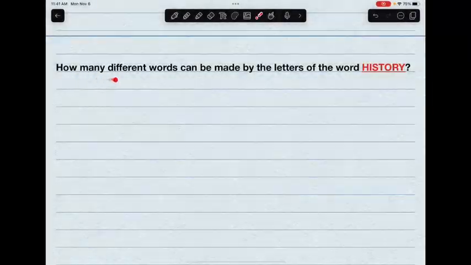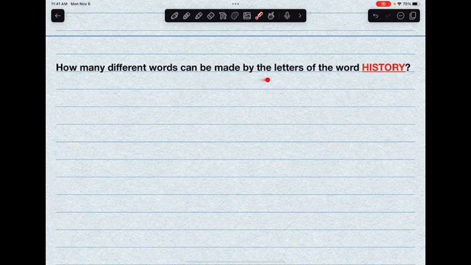How many different words can be made by the letters of the word history? Okay, so there are two types of word making question in probability. One of them is they're giving some letters, like, what if we have these letters A, B, C, and D, and now how many words we can make with these 4 letters?